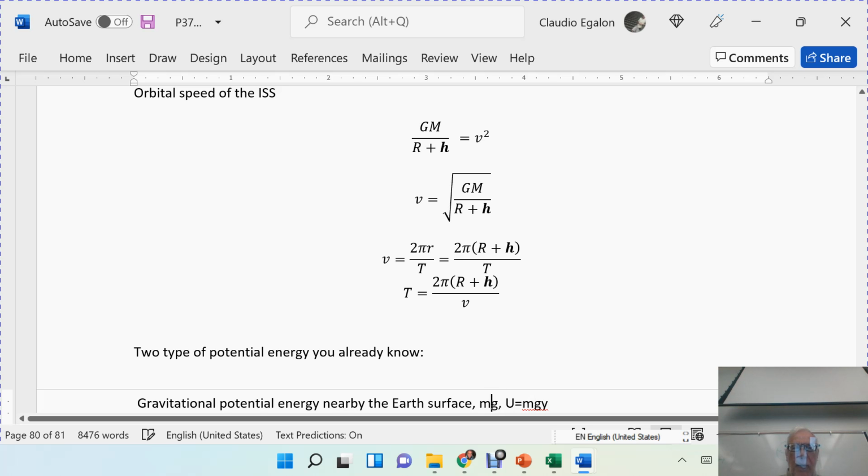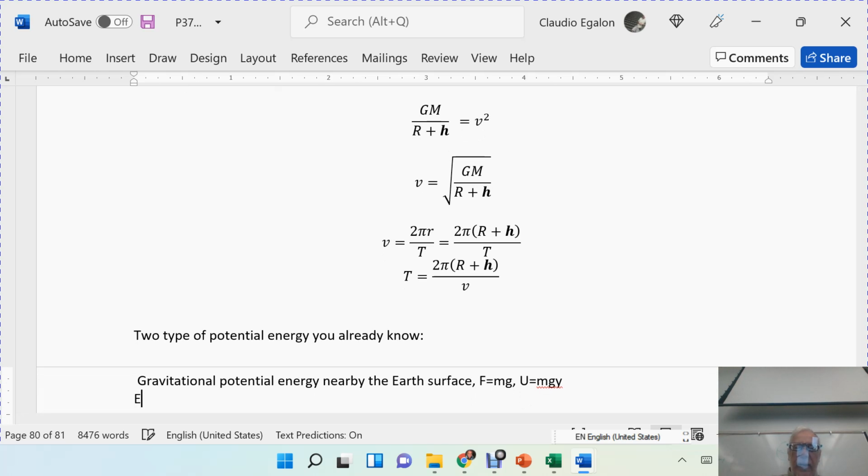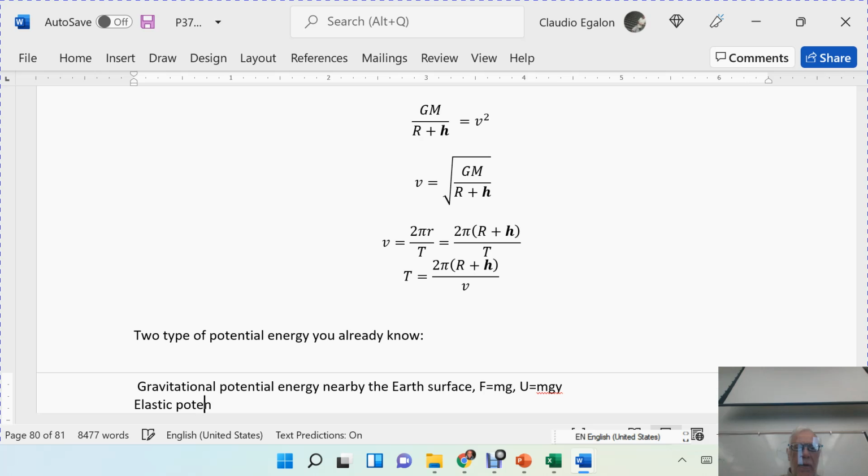If the force is mg, there's this other, the elastic potential energy. The elastic force is given by Hooke's law, minus kx, with a potential energy given by half kx squared.